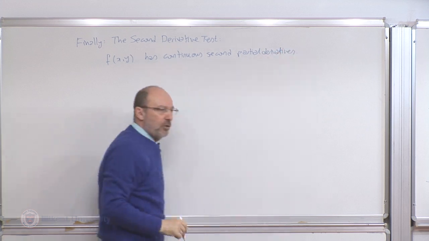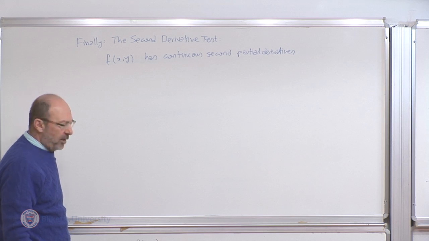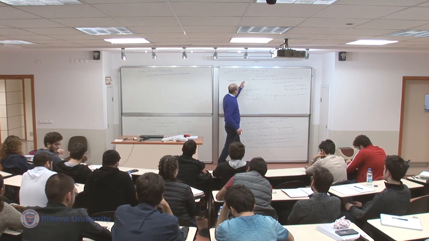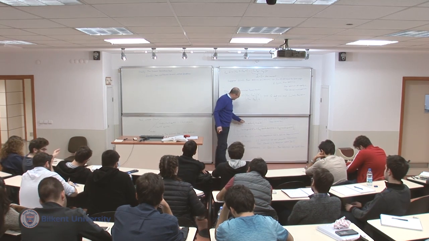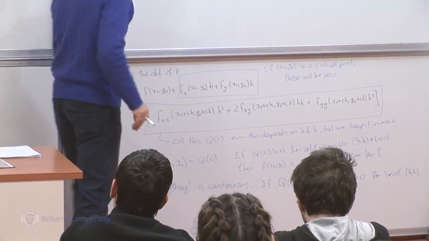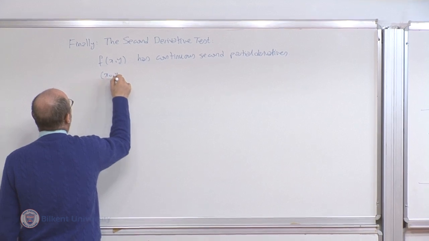Because we use this in the continuity argument, so we require this. We also use the fact that this thing is 0, so it means that this is a critical point, x sub 0, y sub 0.